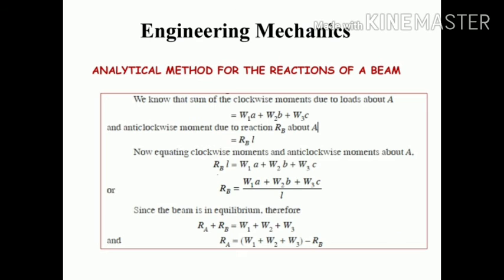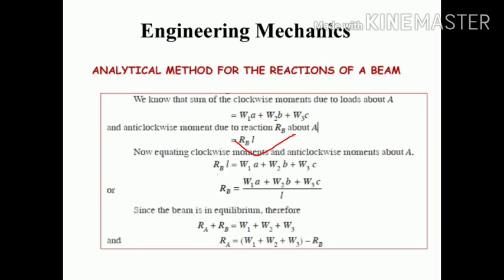Here W1 acts at distance a, W2 at distance b, and W3 at distance c. So the sum of the clockwise moments equals W1 into a plus W2 into b plus W3 into c. And the sum of the anti-clockwise moments is RB into L.